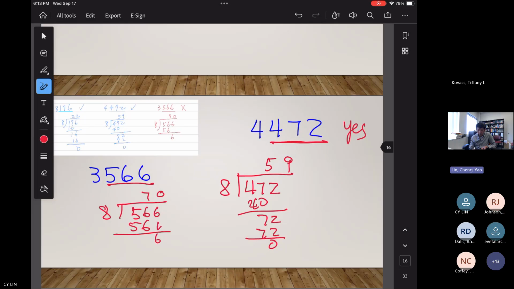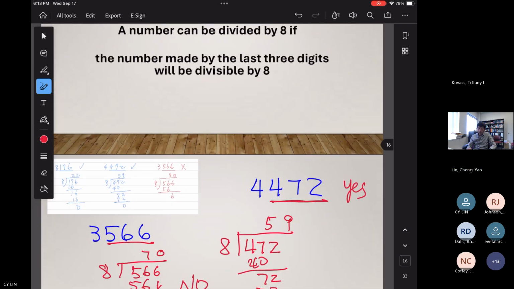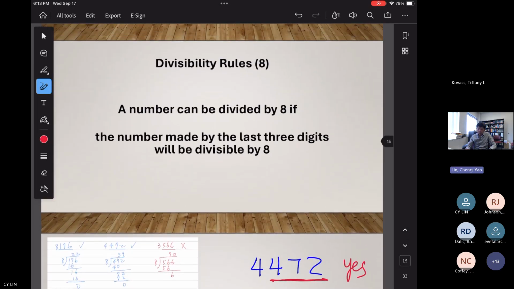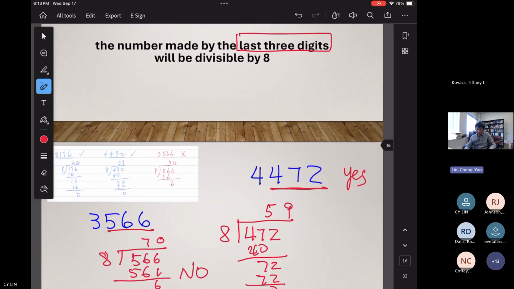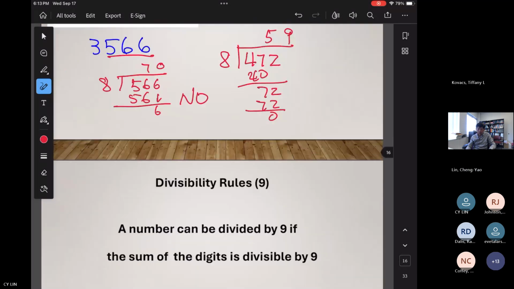So therefore, no for this one. Okay, so the rule for 8 is determined by the last 3 digits. If the last 3 digits are divisible by 8, then this number will be divisible by 8.